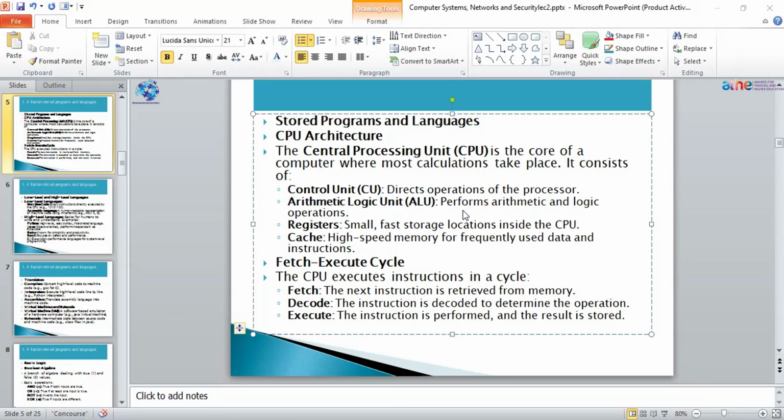Then execute means that the function is performed or implemented. All of these three processes work in a cycle, one after another, until all the execution of the CPU is done. This is the fetch-execute cycle.